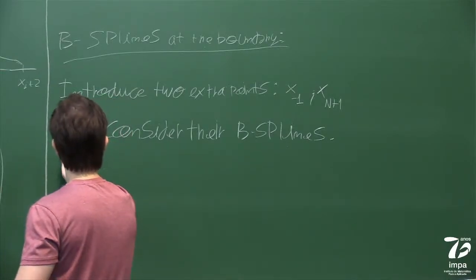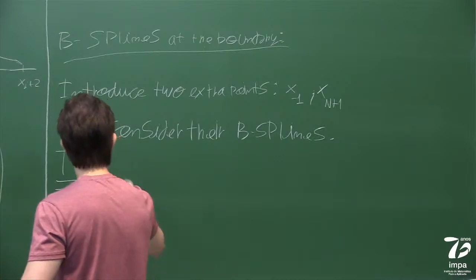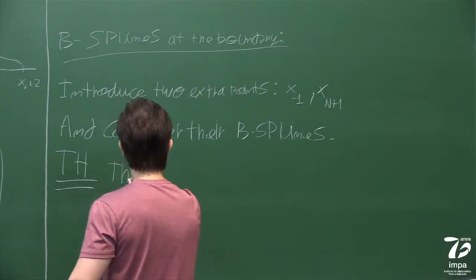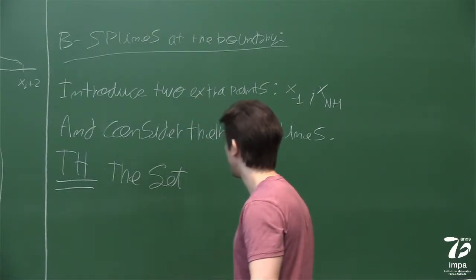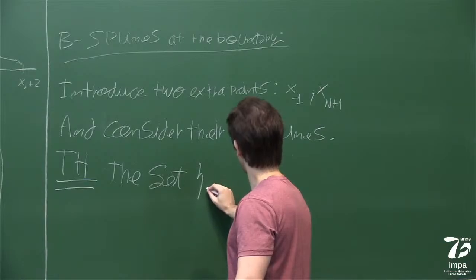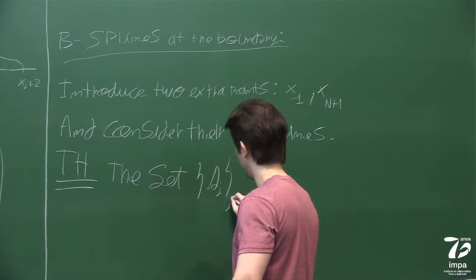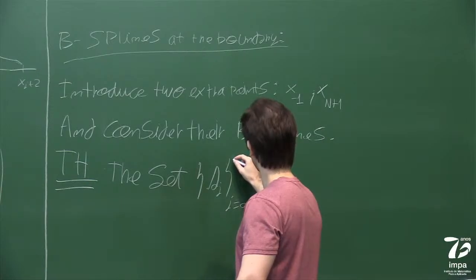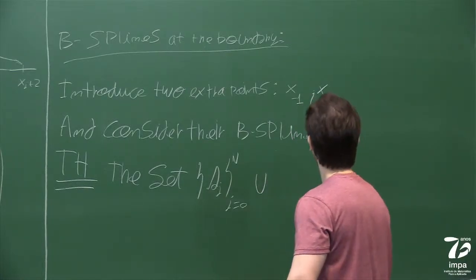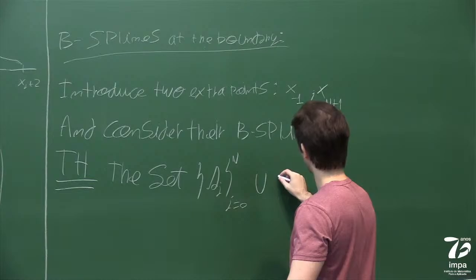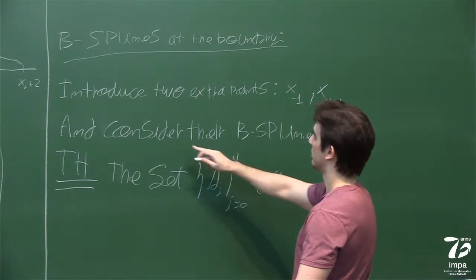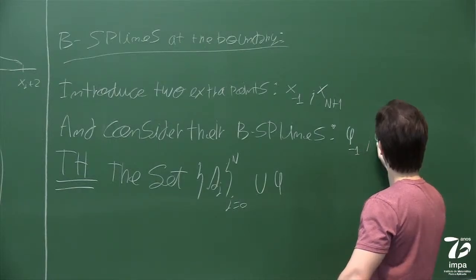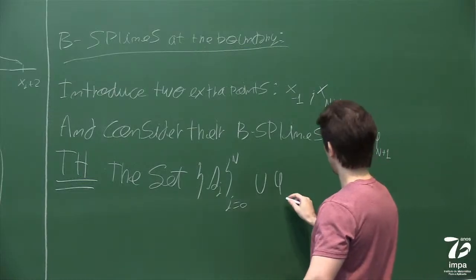Theorem: the set small sj from j equals 0 to n, union those two B-splines, let's call them phi minus 1 and phi n plus 1.